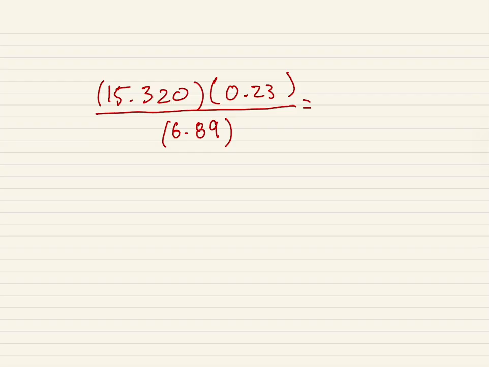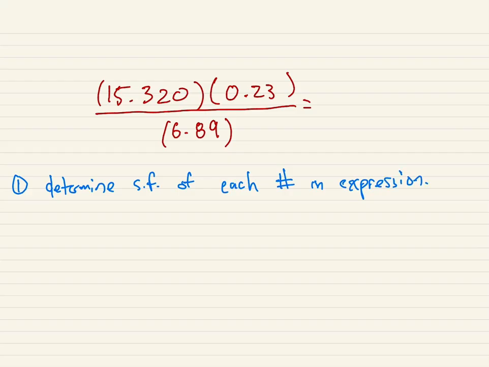So see if you guys can come up with a rounded answer. And again, the first step was to determine the significant figures of each number in the expression. When I say number in the expression, it just means everything that's in this fraction here, the number of sig figs of each term.